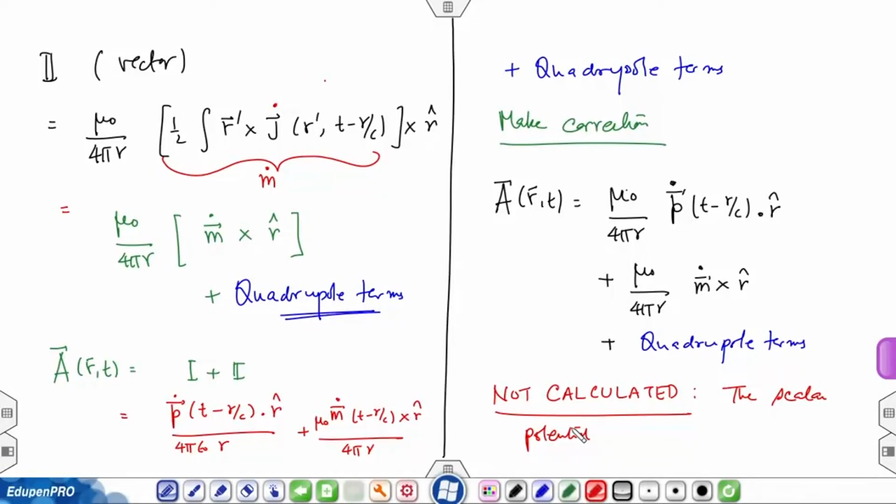Once you do that, the rest of the calculations are quite simple. You can perform all other calculations now, because we have already calculated fields for p dot and m dot. So, that part you can do yourself. I just wanted to show how from localized charge distributions these terms arise, and I think we have done that.